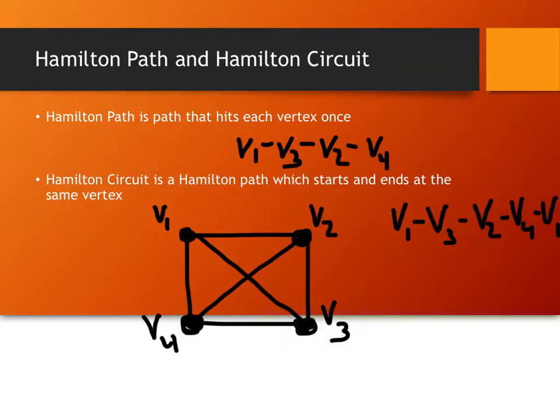All right, there's a lot of different ways to do this. So oftentimes there's many different Hamilton paths or Hamilton circuits in a graph, but sometimes there's none. There are graphs which don't have a Hamilton path, that you can't hit every single vertex once, or you can't start and end at the same vertex, and things of that nature.